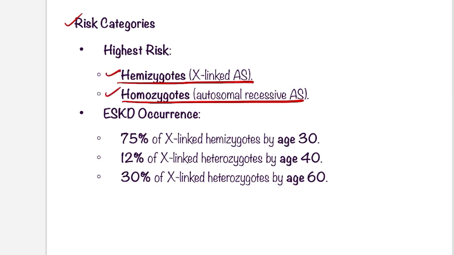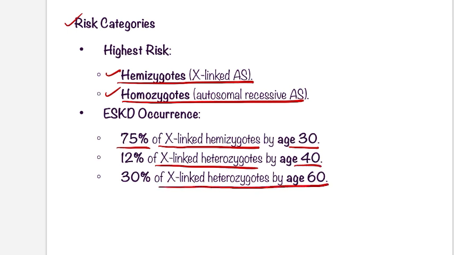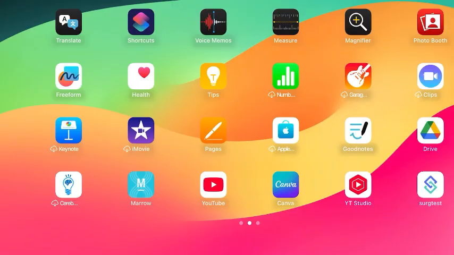X-linked and autosomal recessive are at higher risk. End stage kidney disease occurrence is seen in 75% of X-linked hemizygous by age 30, X-linked heterozygous by age 40, and X-linked heterozygous by age 60. Just remember, X-linked hemizygous are more prone to end-stage renal disease by age 30.